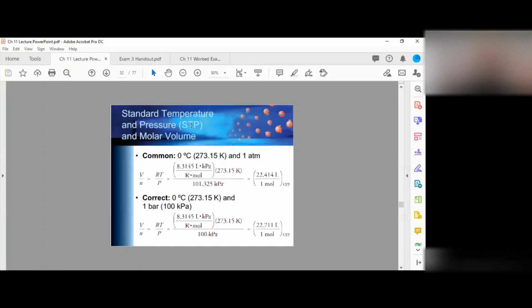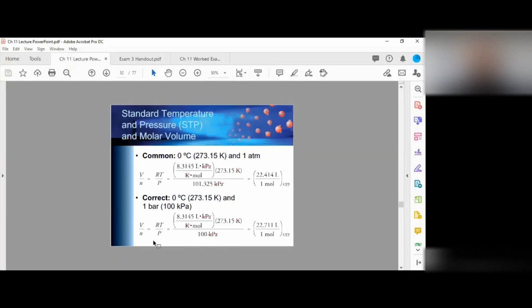Now, since, I believe, 1996, another theory came in and said that the more accurate molar volume is found when the pressure is considered to be 1 bar, not 1 atmosphere. So if you see these two versions, it's because of the two theories. Obviously the approved theory now is the more correct one, even though a lot of textbooks still use the top part as the molar volume.